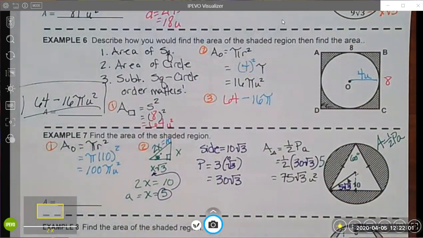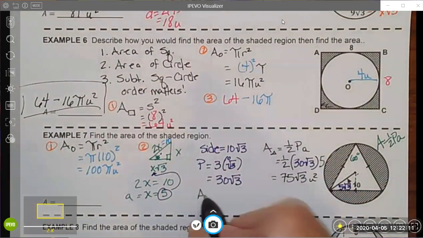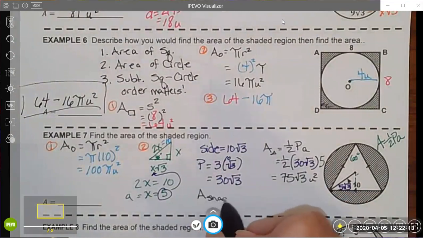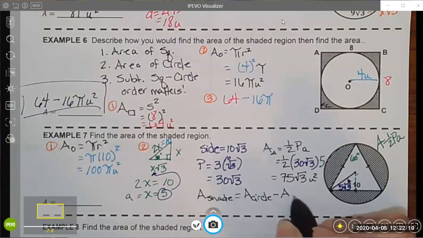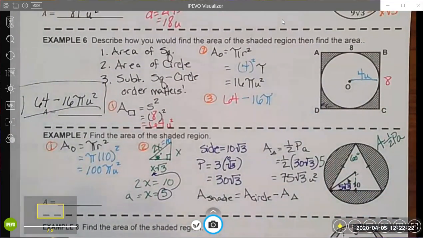Now I have enough information to actually answer the question that's been asked. To find the area of just the shaded region, I will subtract these two quantities. My area of the shaded is equal to the area of my circle minus the area of my triangle.